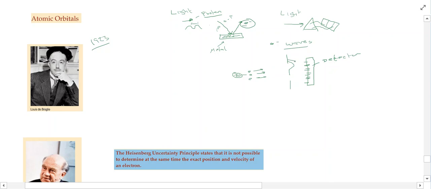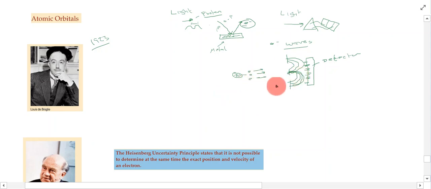You'll have these waves moving out like this, and the same thing happening here. Where these waves come into contact, they hit the detector and give you a detection that indicates that the electrons are acting like a wave.